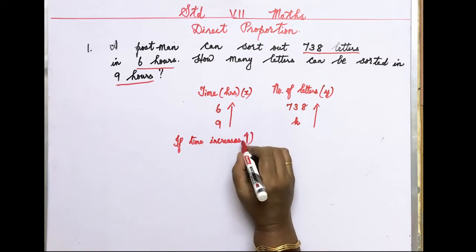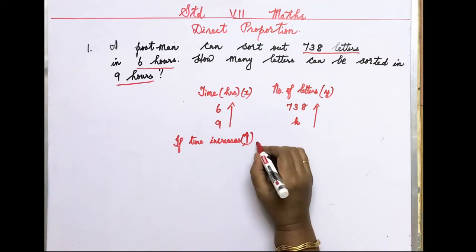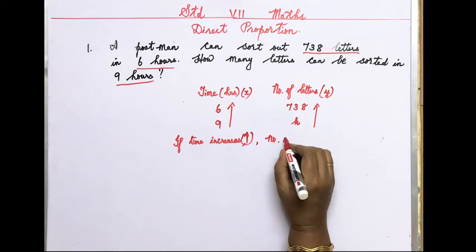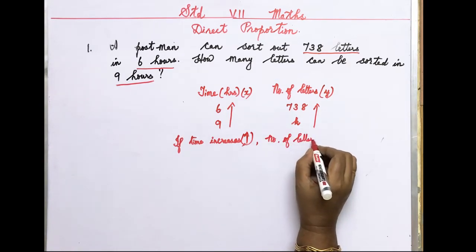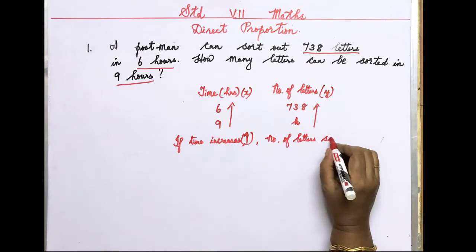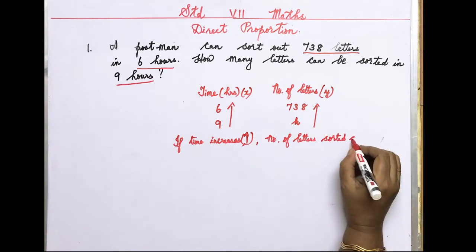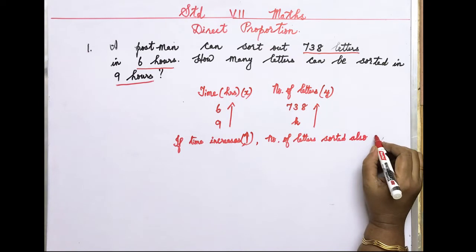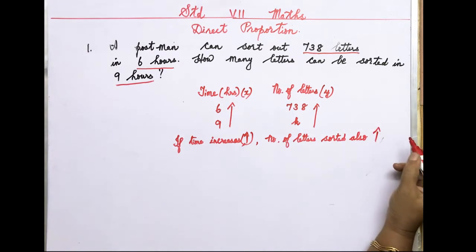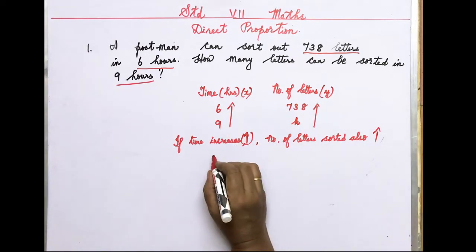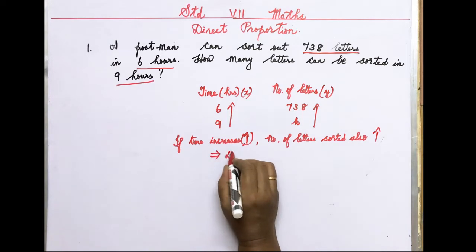We can use it like this, up arrow, number of letters sorted out also increases. So, this is what proportion now? This is direct proportion.